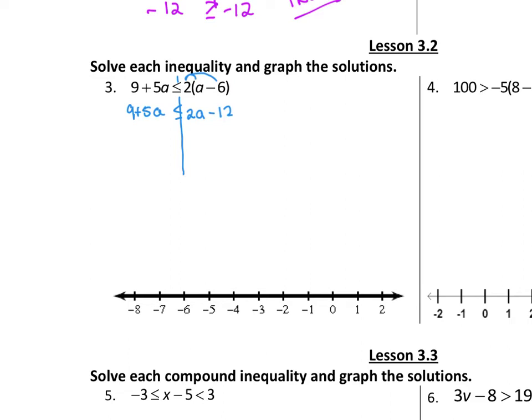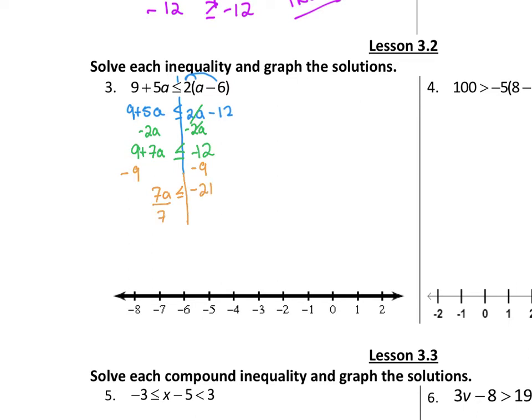I also have, just to add some extra tough stuff here, I've got variables. I've got the a on both sides. So I want to move those together first. 2a is smaller, so I'm going to subtract 2a from both sides. I get 9 plus 7a is less than or equal to negative 12. And now I can subtract that 9 from both sides. 7a is less than or equal to negative 21.